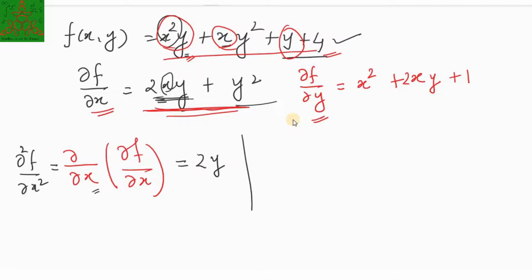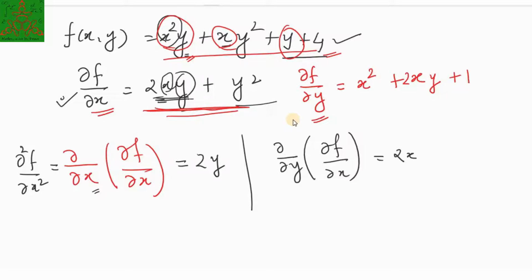In the same way you can talk about del by del y of del f by del x, so you can differentiate this quantity with respect to y, and that will give you 2x constant here, the derivative of y will be 1, plus 2y.